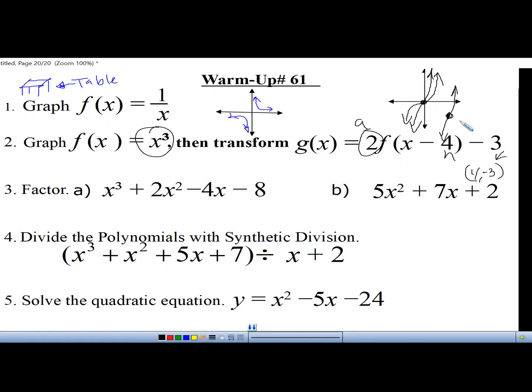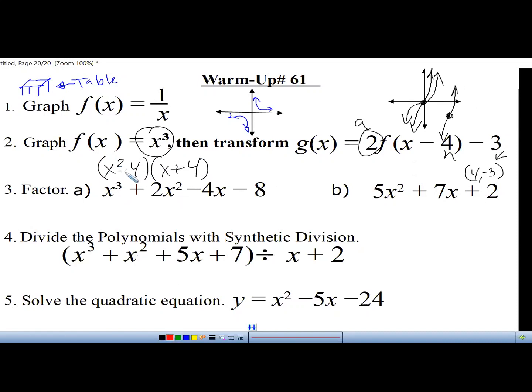Very good. All right, number 3, factors. What did you get for number 3? Anthony, factors. x squared minus 4 and x plus 2. Thank you. So far, so good. However, look up, guys.